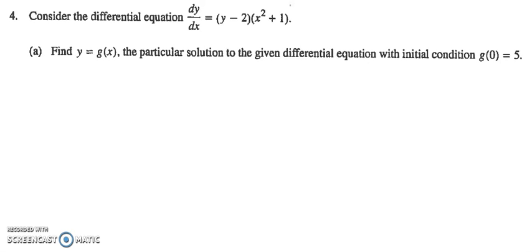For question 4 of the 2016 Practice FRQ, you have to find a particular solution given an initial condition. So we start off by separating the variables. Remember that we multiply both sides by dx so that those can cancel out, and then divide both sides by y minus 2.